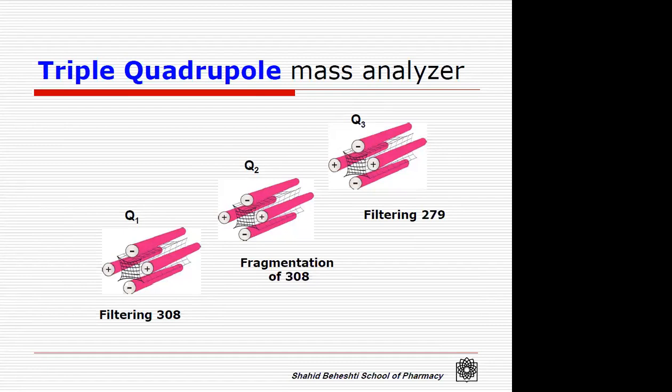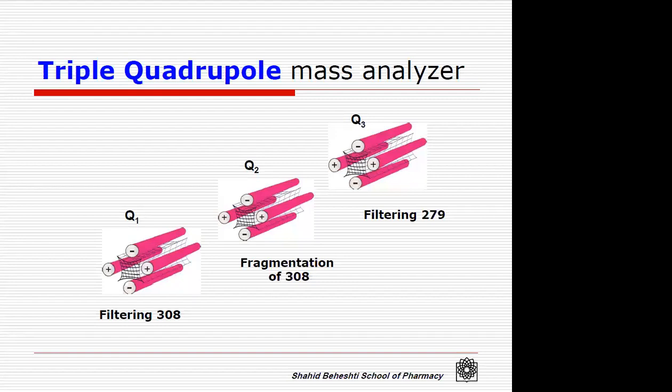So as you see, this is like a separation system, separating all the molecules except for those which have the molecular weight of 308. So the 308 gets to pass the quadrupole one, the Q1, and it goes to Q2.